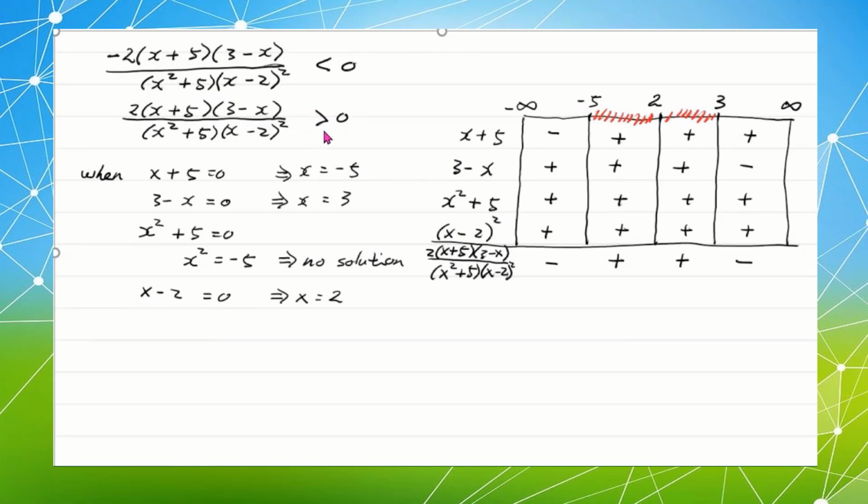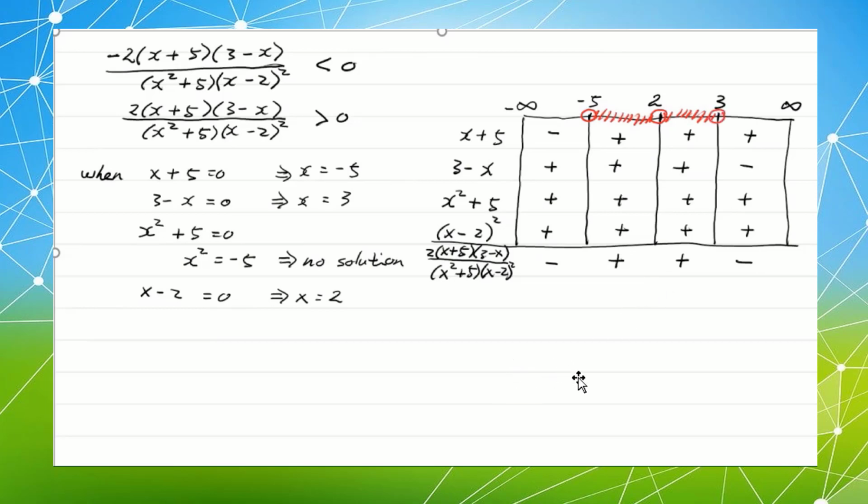Since the inequality is greater than 0 but not equal to 0, negative 5 and 3 are not included in the answer. This one is the same for 2 because 2 is the denominator. So therefore, the 3 boundary values are not included in the final answer.